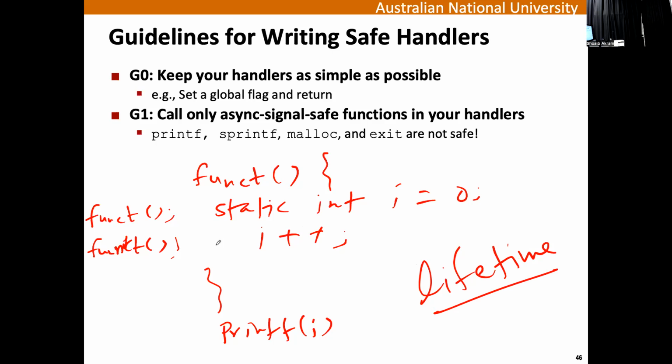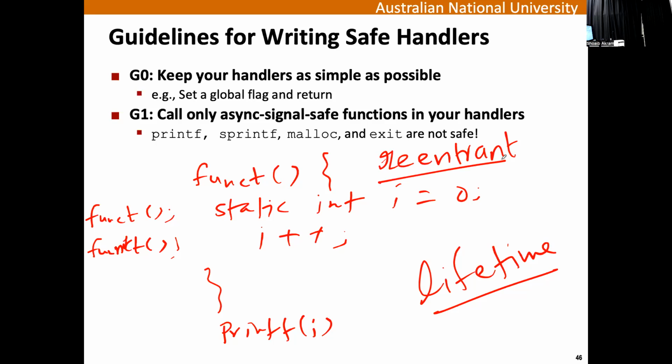So we say that a function that uses static variables is not, this is terminology, reentrant. A reentrant function is one that does not have any static variables, that only creates variables on the stack space.